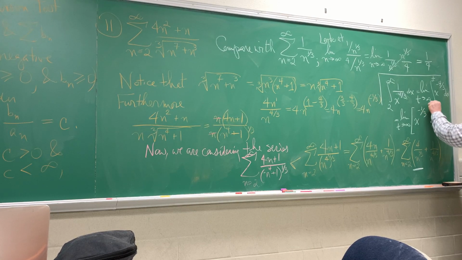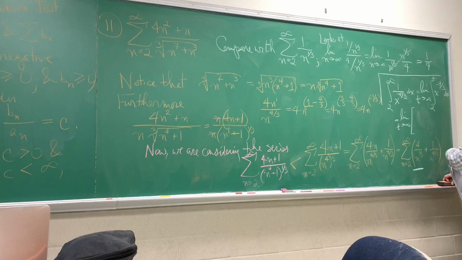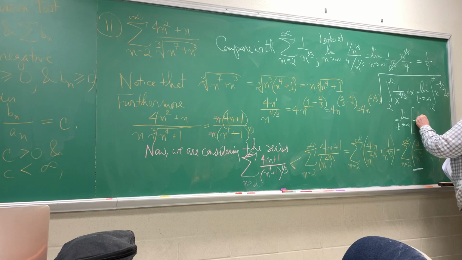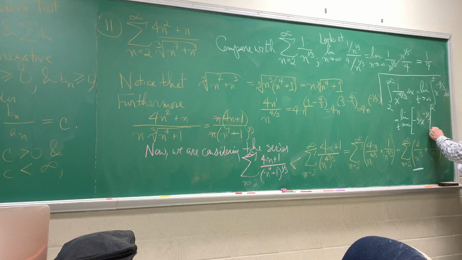Good. And we're dividing by negative 1/3. So let's multiply by negative 3. And that negative 3, we're gonna pull out.